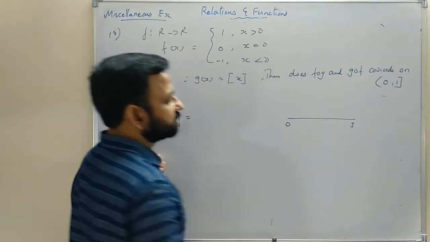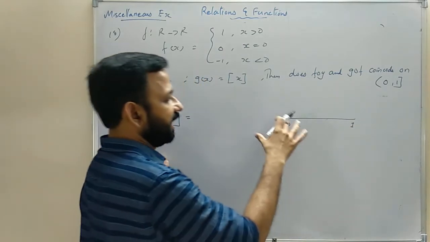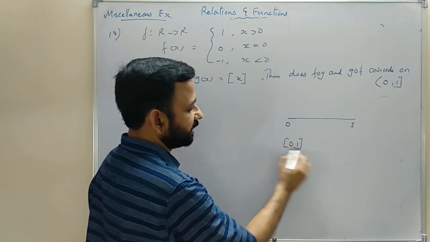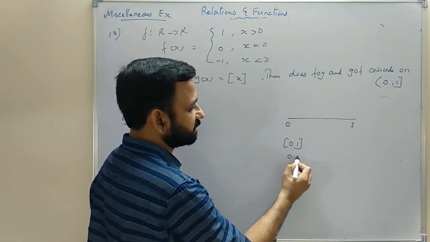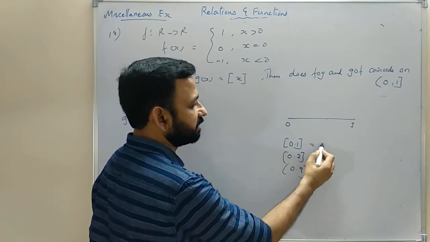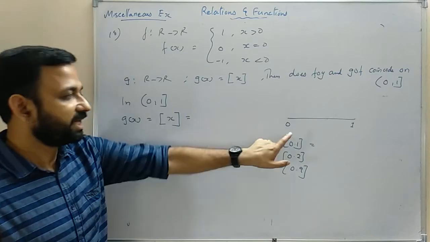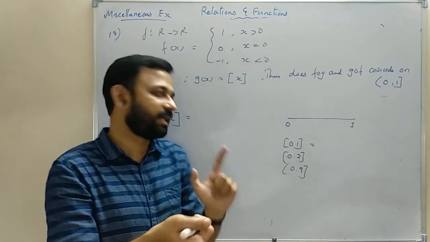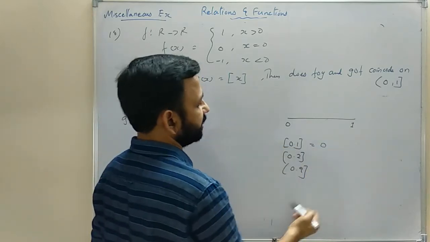When we take any number between 0 and 1, like 0.1, 0.2, 0.9, the greatest integer less than or equal to 0.1 is 0 only.